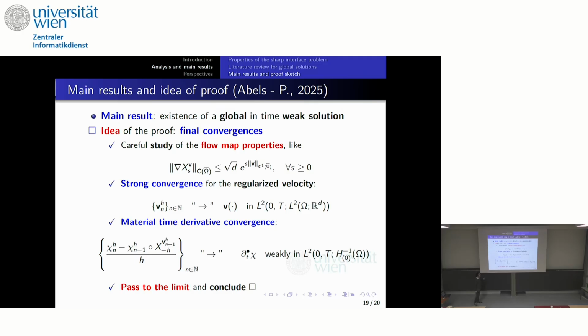Just to conclude, note that the difficulty here is that the results by Schätzle are very nice, but they're also very specific. They need to be derived from a minimizing movement scheme, basically, a minimization problem, because you really need some regularity properties on the sets where you want to apply them.